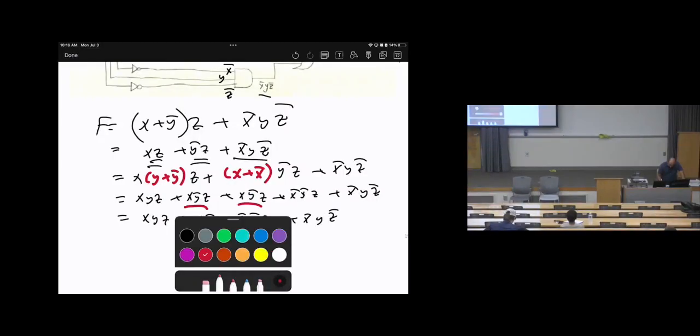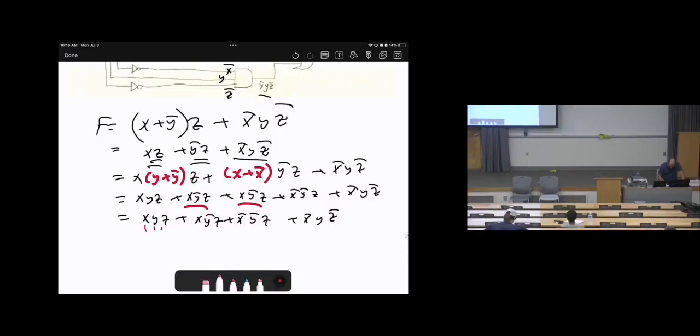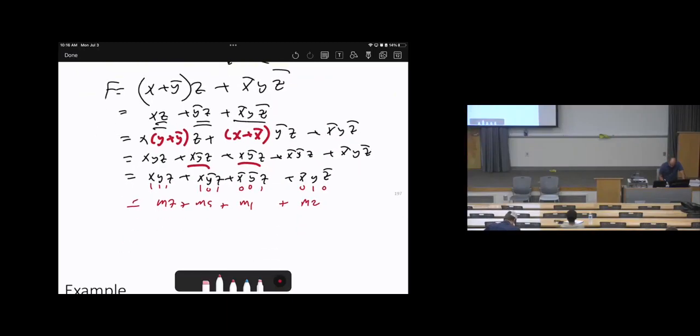Now, I can say it's like 1, 1, 1, 1, 0, 1, 0, 0, 1, 0, 1, 0. So this is equivalent to M2, here is M1, here is M5, and here is M7, right? Then in other words, it can be written as the sum of minterms of 1, 2, 5, 7.